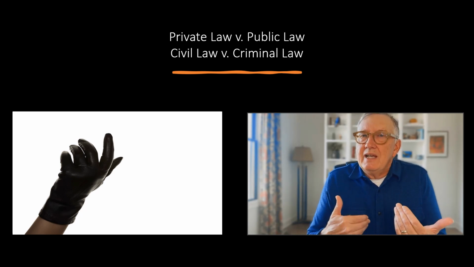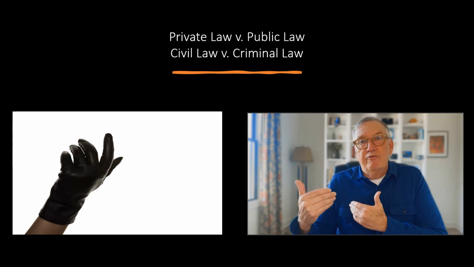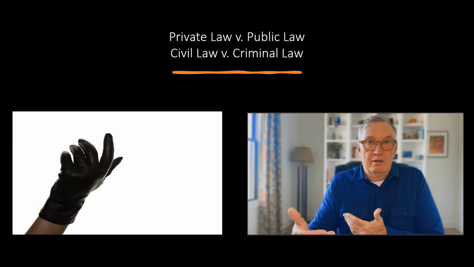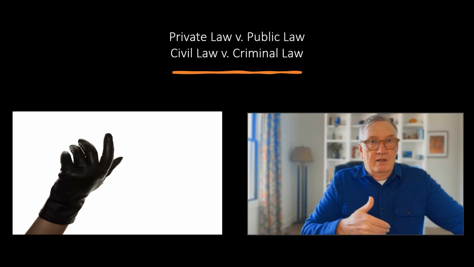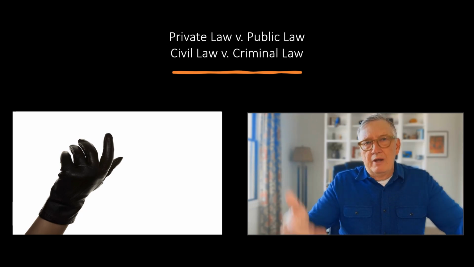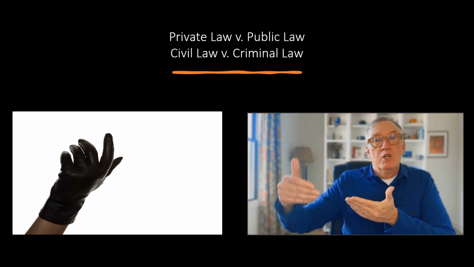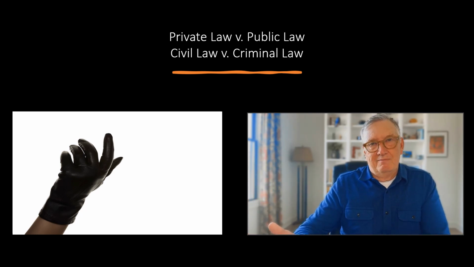So there you see a case that fell under criminal law, but also fell under civil law. It fell under private law when the families of Ronald Goldman and Nicole Brown Simpson sued O.J. Simpson, private law. And public law was the criminal trial.